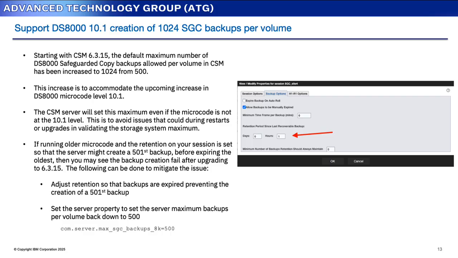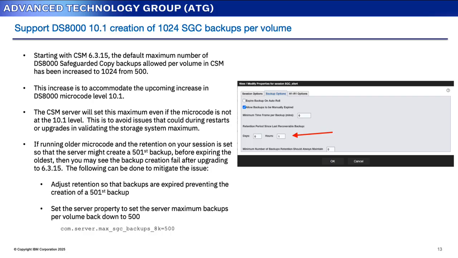So this means even if you're running on older non-10.1 DS8000s, we still use the 1,024 value as a maximum, and most of that is because we didn't want any issues where, say, you were running 1,024, had up to 1,000-some backups, and for whatever reason CSM starts up or restarts and can't determine and validate that we're at a 10.1 level. We didn't want our default to kick back to 500 and end up deleting backups. So we set it to 1,024.